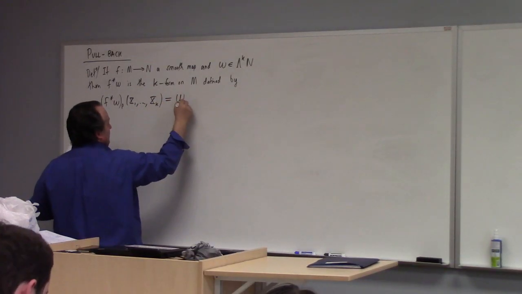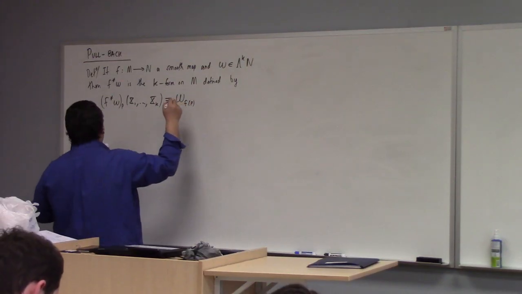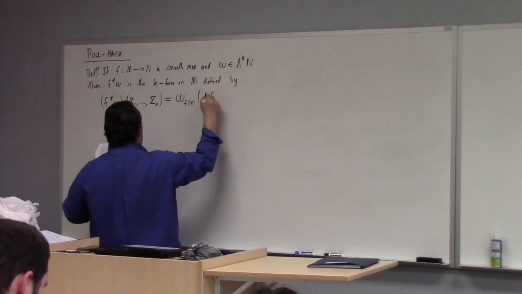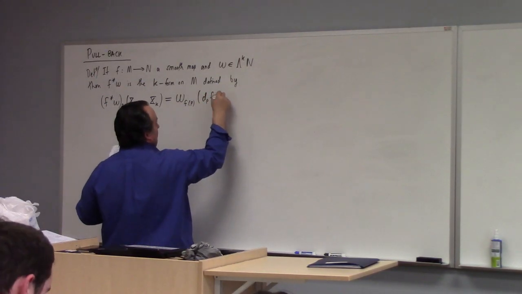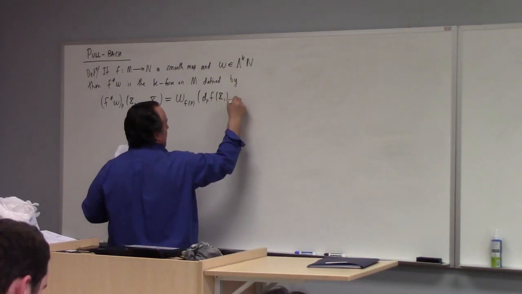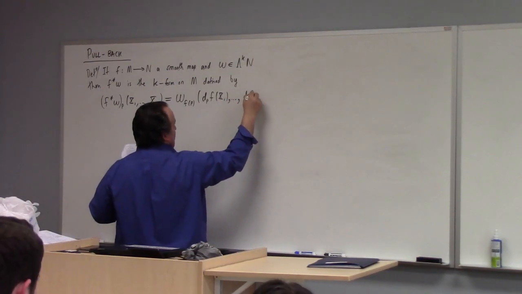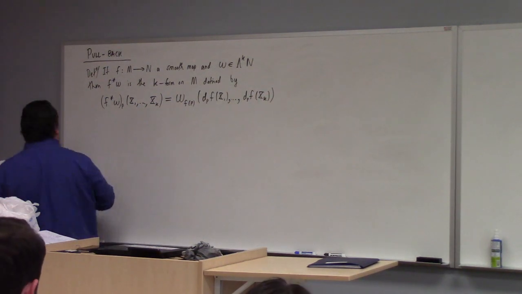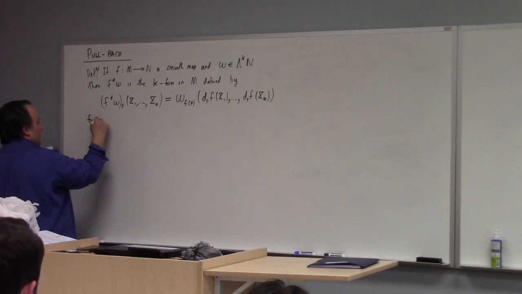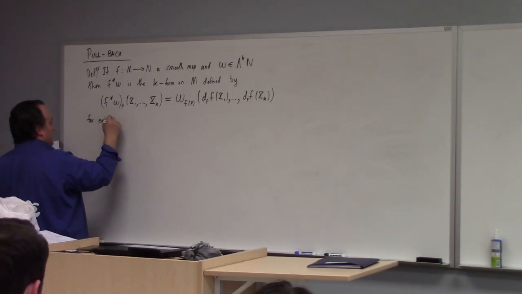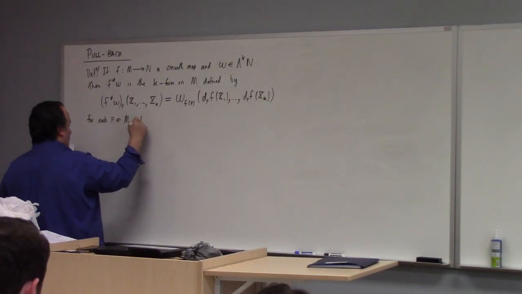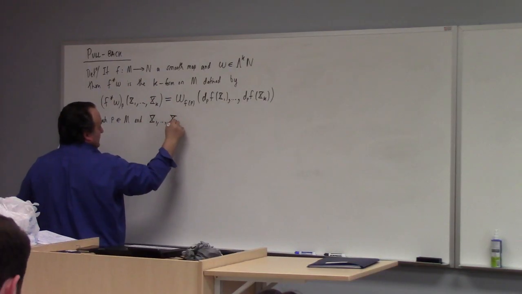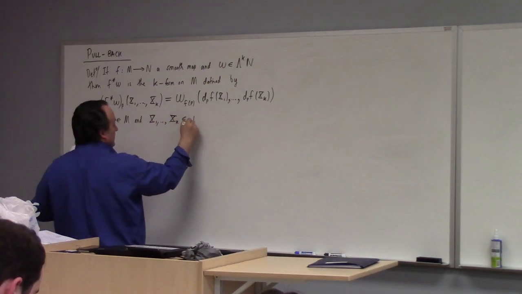That's going to be omega of F of P acting on the push forward under F of x1 out to the push forward under F of xk, for each P in M and x1 through xk in TPM.